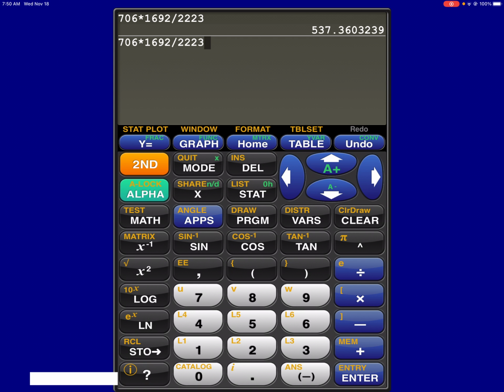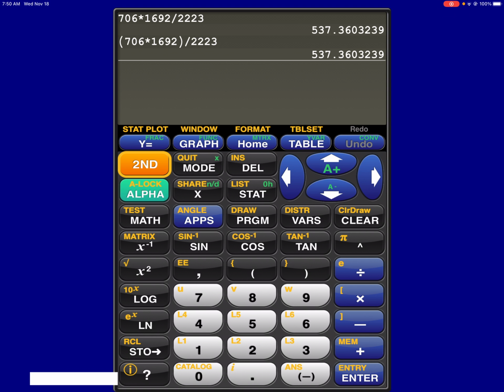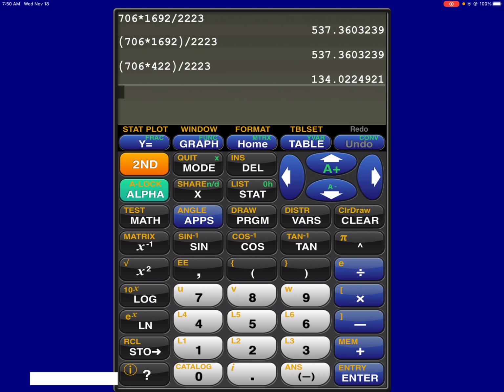Oh, whoops, hold on, I messed that first number up. Let me go back. You need to put parentheses around the top. Oh, it's the same. Okay, don't worry. Now, in this case, I'm replacing the 1692 by 422. So 134.02.